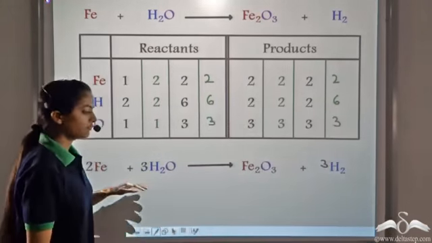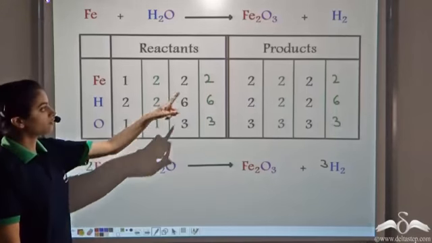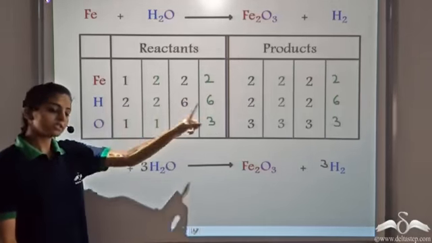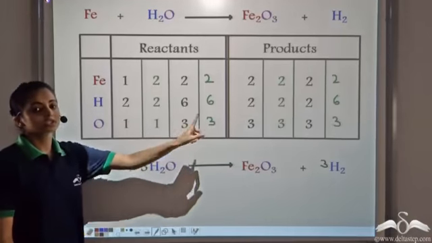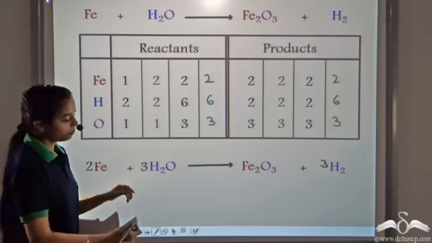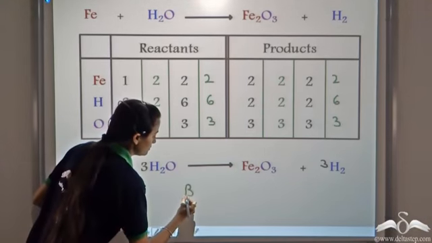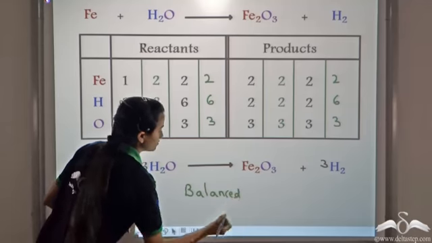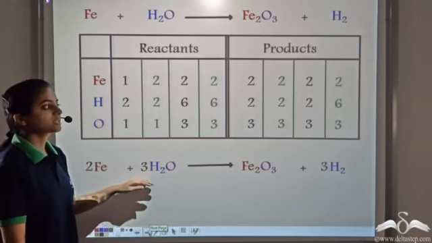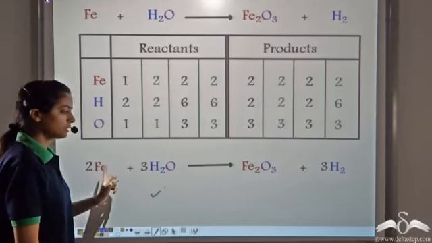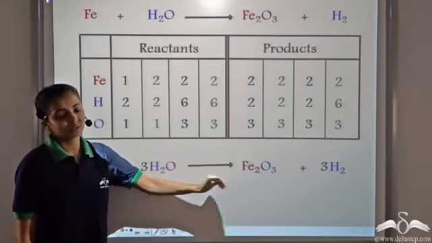So now, if we look at our equation, we have 2 atoms of iron, 6 atoms of hydrogen on both sides, and 3 atoms of oxygen on both sides. This means that this equation is now balanced. So this is our balanced chemical equation. So by using these coefficients, we have balanced our equation.